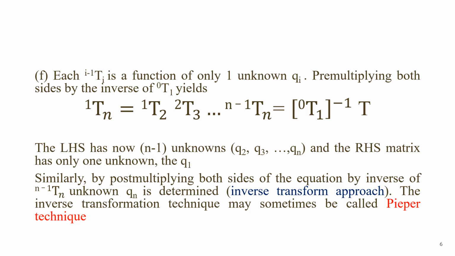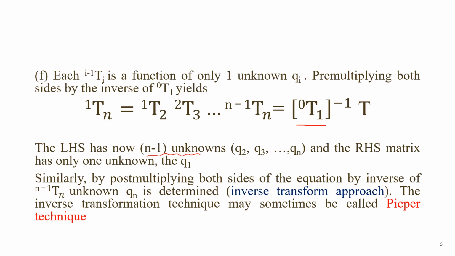So how do you solve it? Either you pre-multiply both sides with 0T1 inverse, and then you get an equation with n minus 1 unknowns, so q1 will be eliminated. Then you can solve for q1.